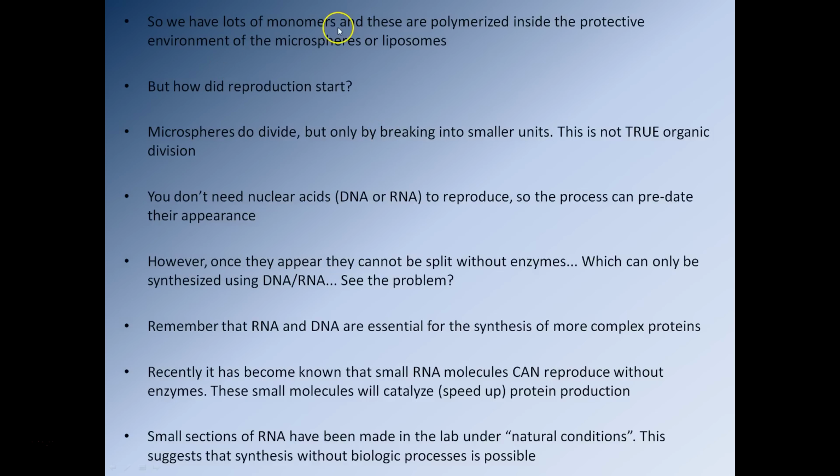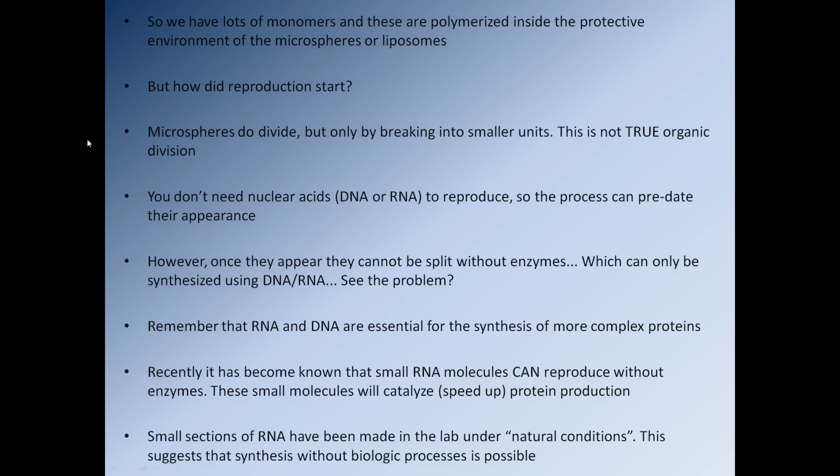We have lots of monomers, and these monomers are polymerizing inside a protective environment, most dominantly like a liposome. So the next question is how did reproduction start? Microspheres do divide, but they only break into smaller units. So that's not true organic division. That's just a microsphere splitting up.